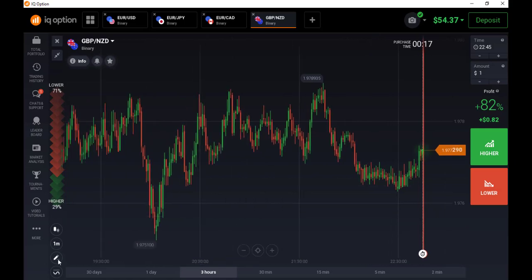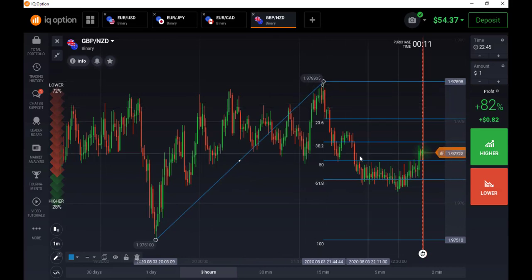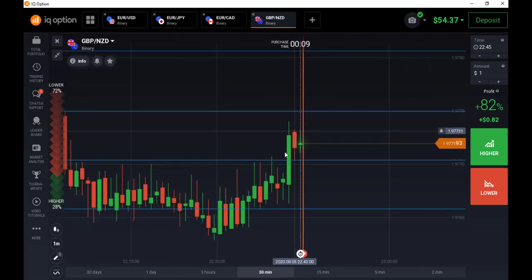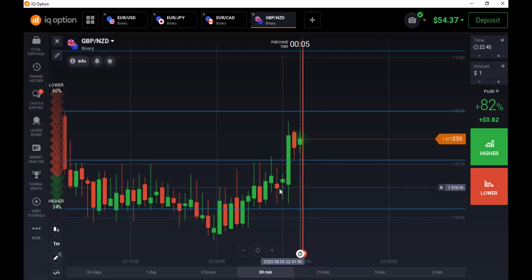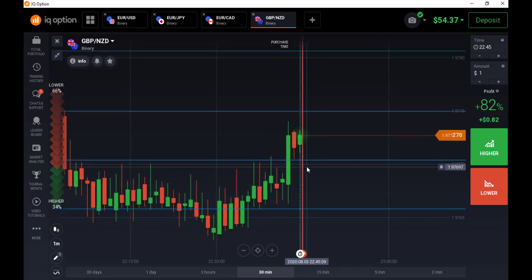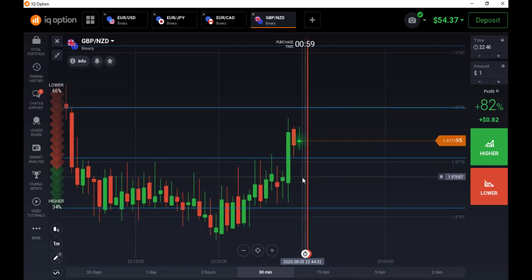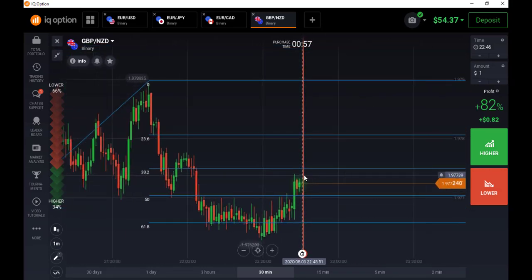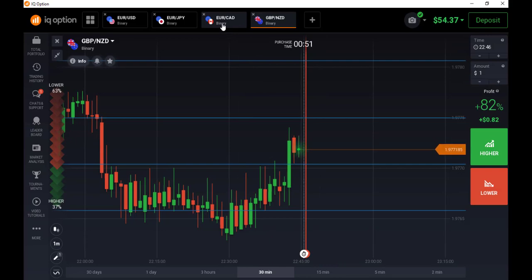Let me drop Fibonacci. It seems like the volatility is there, so I don't think this pair is good for trading, and we'll skip this pair for the time being.